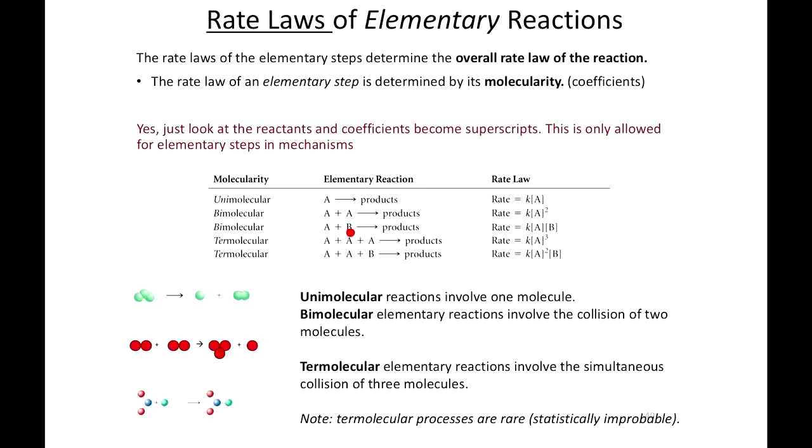If I have A and B combining in one elementary step, I am allowed to just say rate equals k[A][B]. So for elementary steps, you are allowed to take the coefficients and turn them into exponents to get your rate law. But those are for the individual steps. We have to manipulate these steps to get the overall reaction order, and we'll talk about that in a little bit.